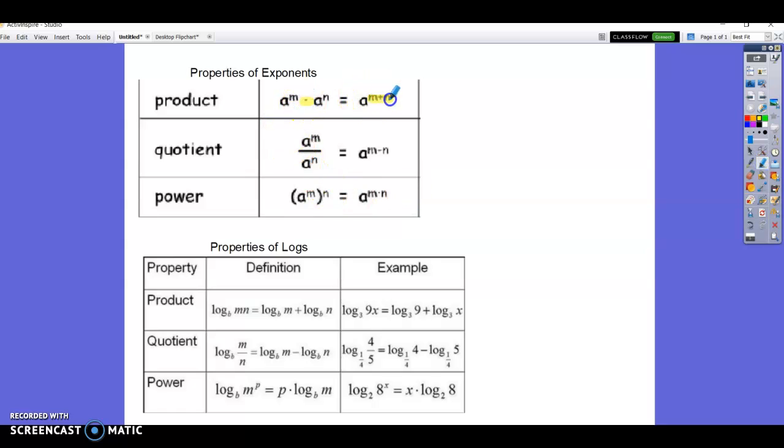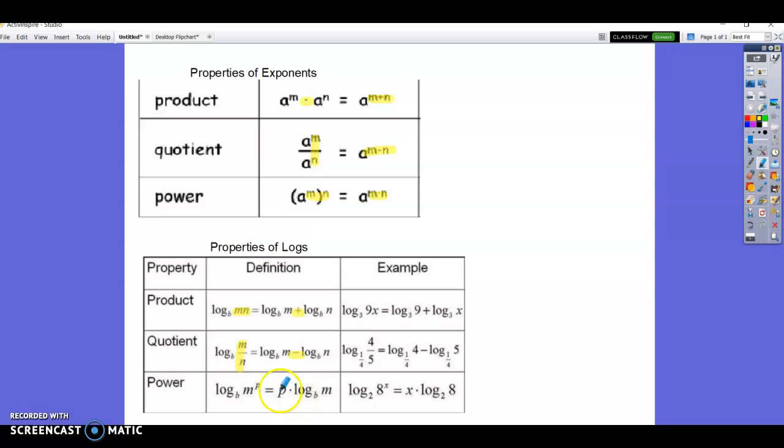So the product property up here, how we noticed that multiplication went to addition. Down here, you're going to see multiplication changes to addition when we expand that. Okay, so here we had a quotient, meaning division, and division went to subtraction. Again, we've got division of logarithms, and that changes to subtraction. And then a power to a power, the power is a little bit different. Here, a power to a power, we multiply powers.